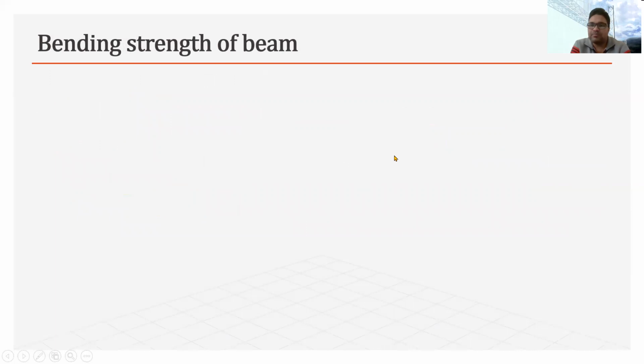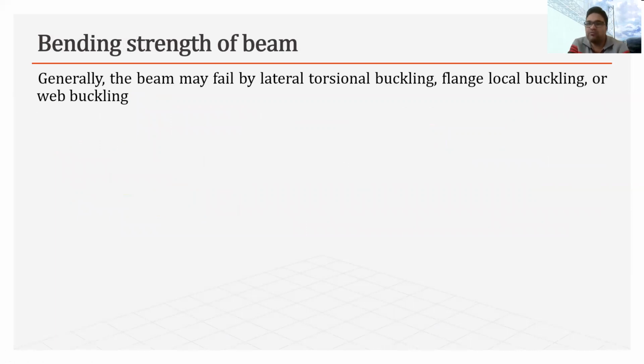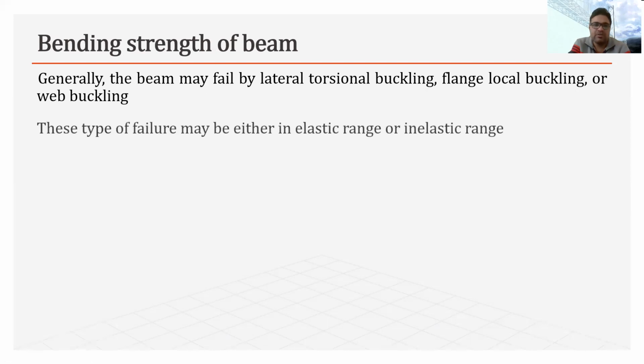Bending strength of beam depends on various factors. We will consider all the failure mechanisms of the beam, and based on that we find out the bending strength of the beam. Generally the beam may fail under lateral torsional buckling if we don't support it laterally, or flange local buckling may also occur.